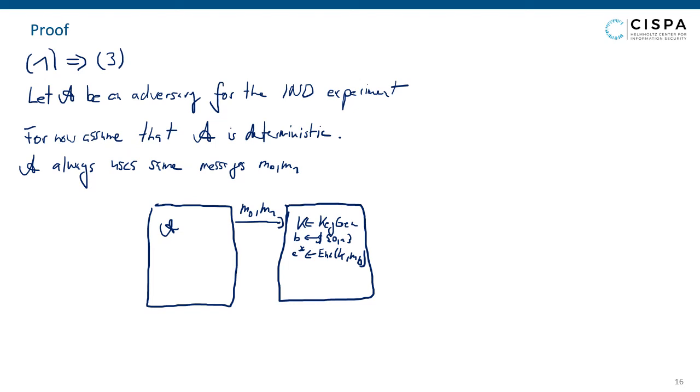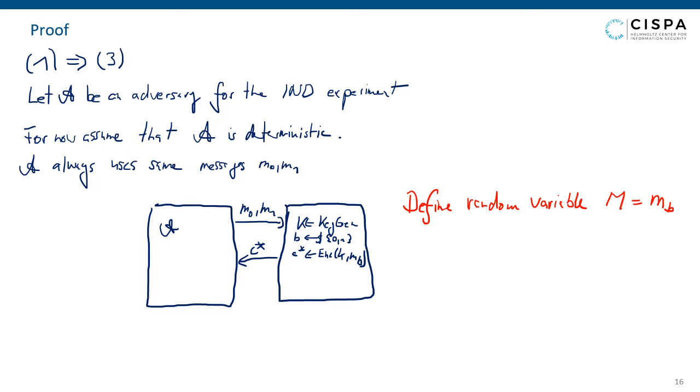The challenge ciphertext C star goes back. What I'm going to do now is define a new random variable, capital M, to be just this message MB. So how does the probability distribution of this random variable M look?